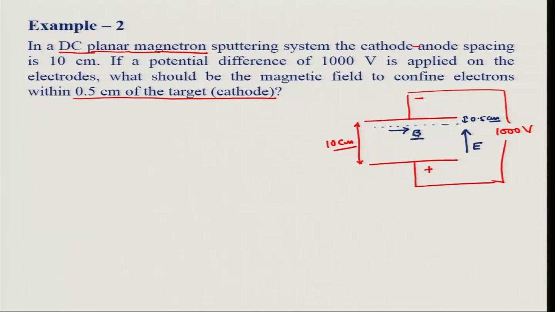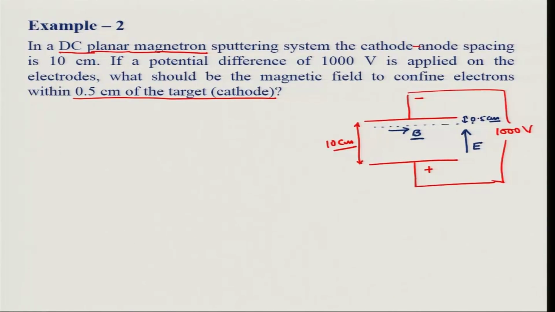We need to calculate what should be the strength of this B, so that my electrons do not move out. And of course, electrons being negatively charged will tend to move towards the positive electrode. We want to confine these electrons within the distance of 0.5 centimeter.